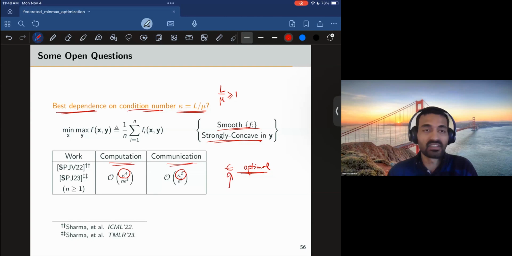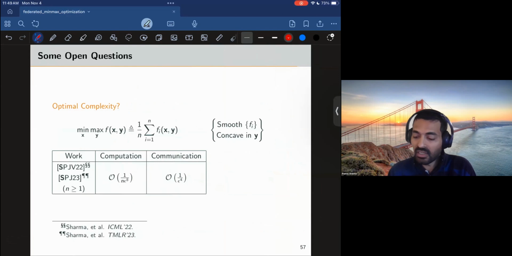The dependence on epsilon is understood, but the dependence on condition number is not. We definitely know it is better than kappa to the 4, because for n equal to 1, people have achieved kappa squared. But how do we achieve it for n greater than 1? This is again an open question.